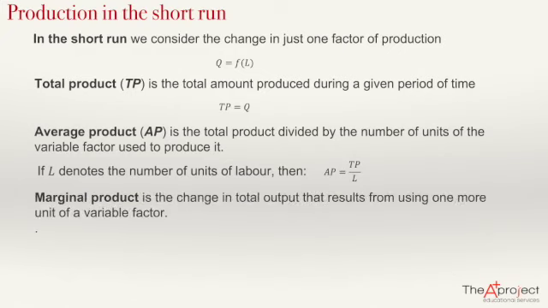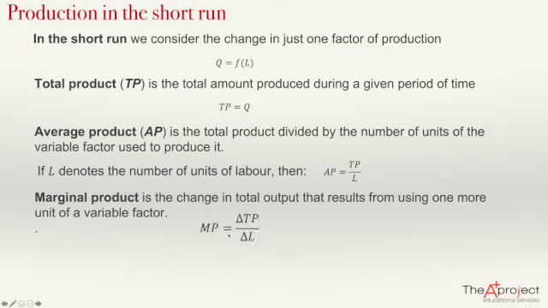Another important concept is marginal product. Marginal product is the change in total output that results from using one more unit of a variable factor. Again, if the variable factor is labor, the marginal product will be the change in total production due to a one unit increase or decrease in labor, in case labor is the only factor that is variable.